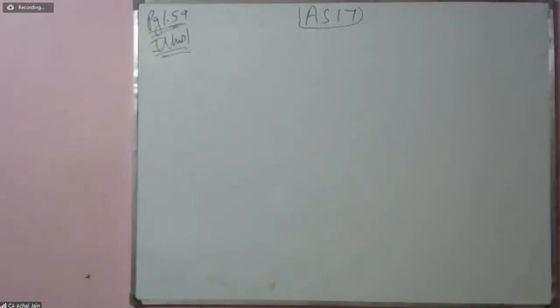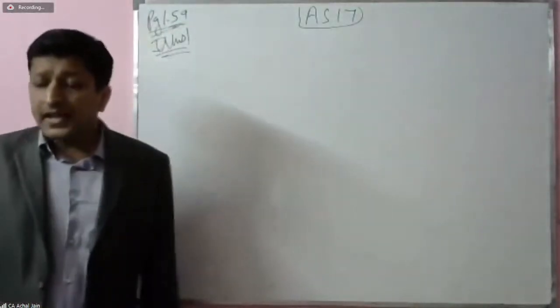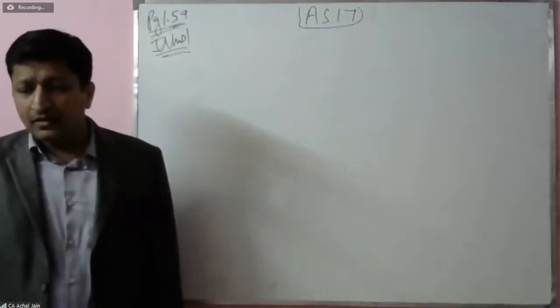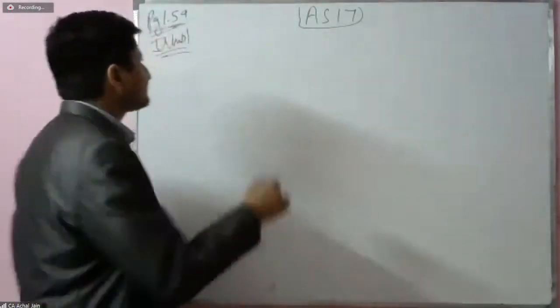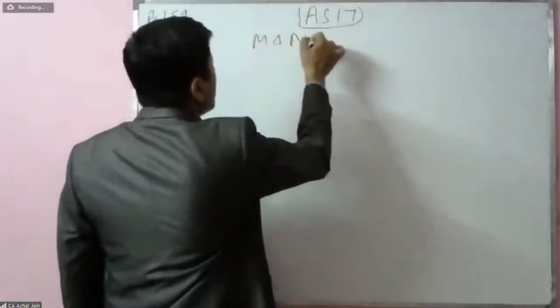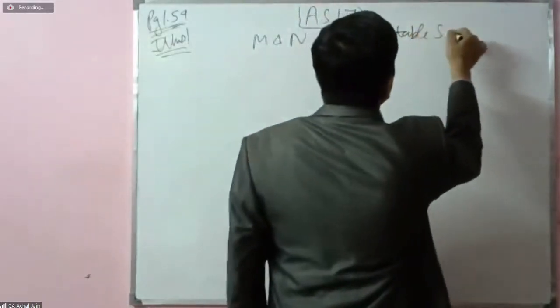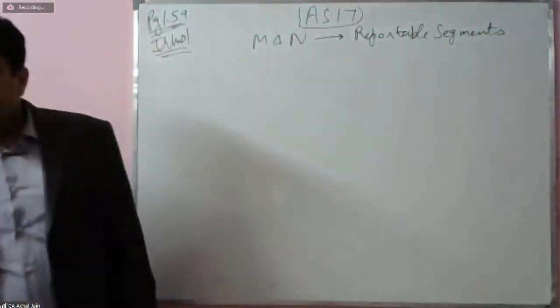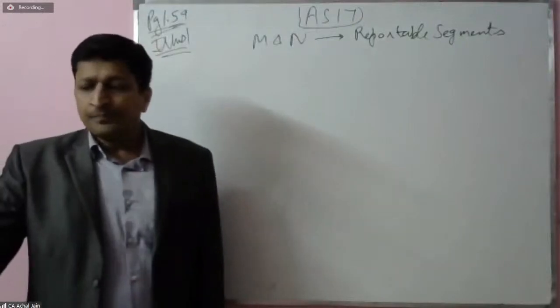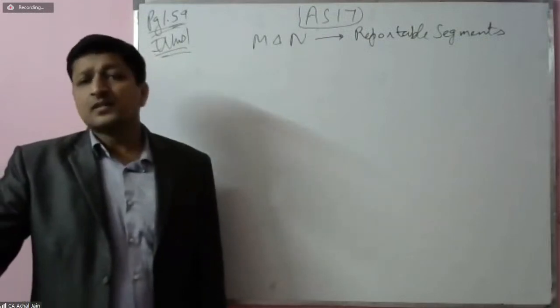Numbers are clear to all of you? Chief Accountant is of the opinion that segments M and N should be reported. Means out of these segments, M and N are reportable segments. That's the view of the chief accountant of the company. You need to confirm whether their assessment is correct or incorrect.